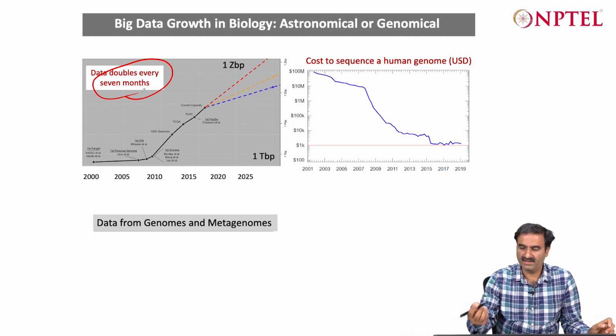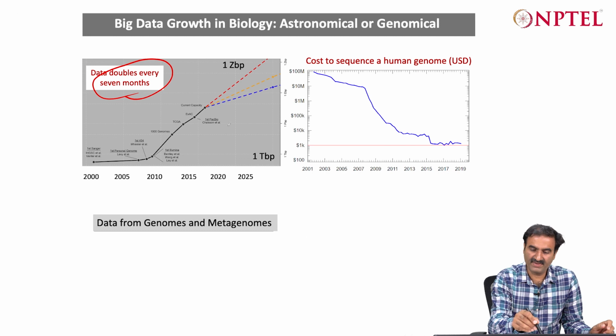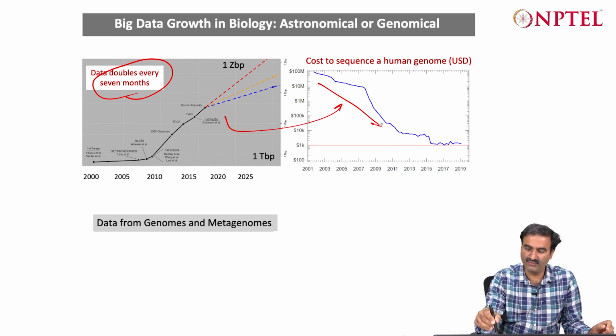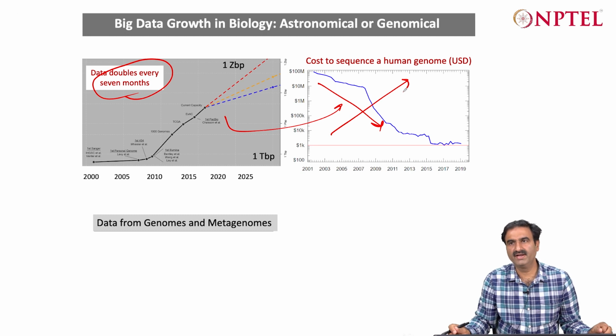And why is this happening? Because the cost is also going down. If the cost goes down, the data will go up, because it becomes more affordable and anybody can do sequencing.